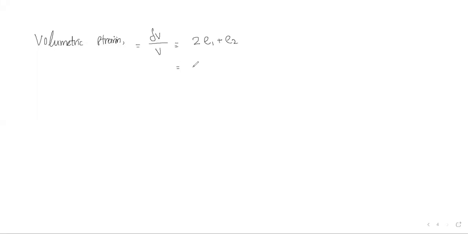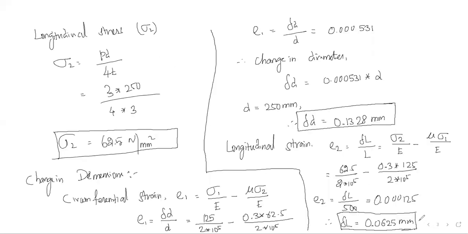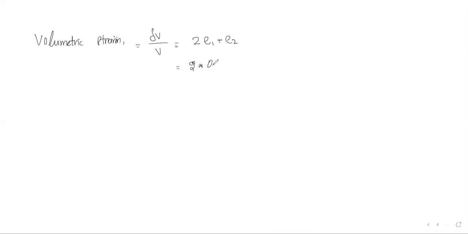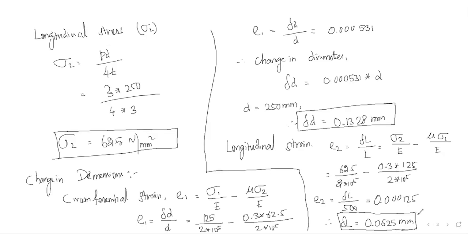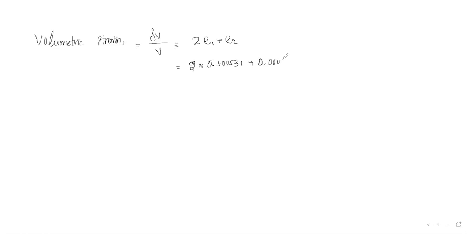So what is the E1 value and what is the E2 value, that we have to apply right now. So 2 into E1 is 0.000531 plus E2 value is 0.00125.